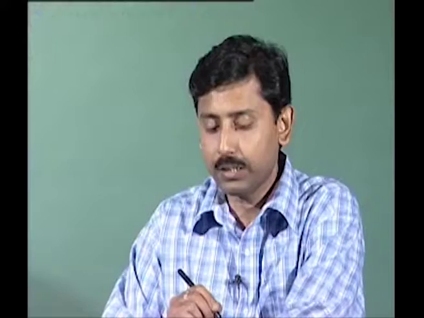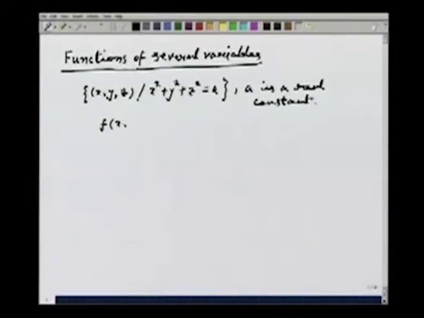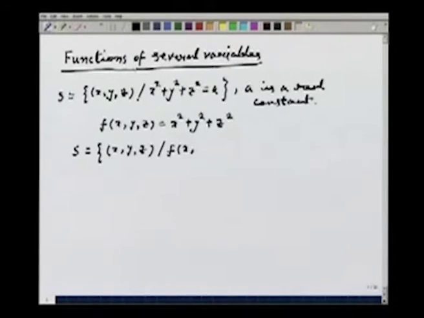Now this can actually be understood in terms of certain functions. So if I define f of x, y, z equal to x square plus y square plus z square, then if I call this S, then S can also be written as all x, y, z such that f of x, y, z is equal to a square.